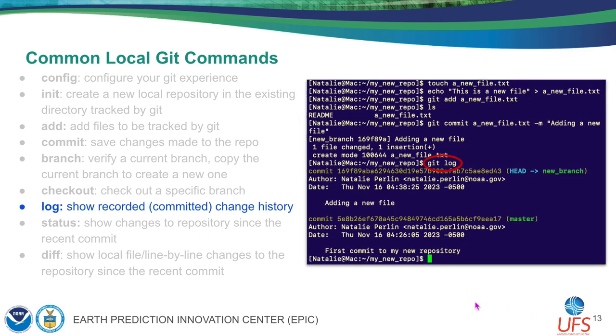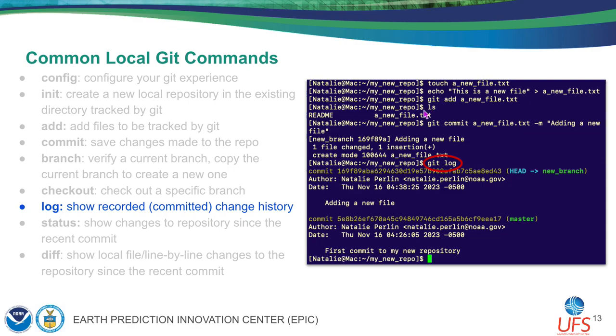Here is the next thing, git log. It will show a recorded or committed change history. So here's an example. We switch to a new branch and we want to add a new file. We use the touch command to create a new file.txt. We add some text to this file and add it to be tracked by Git.